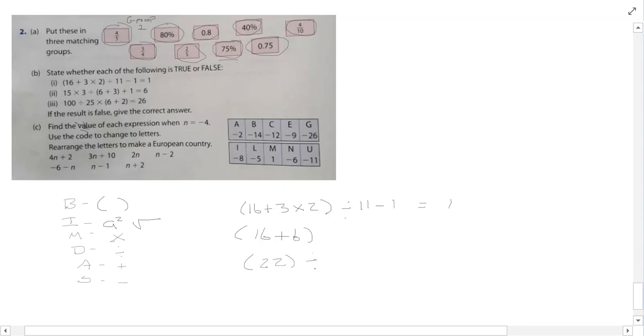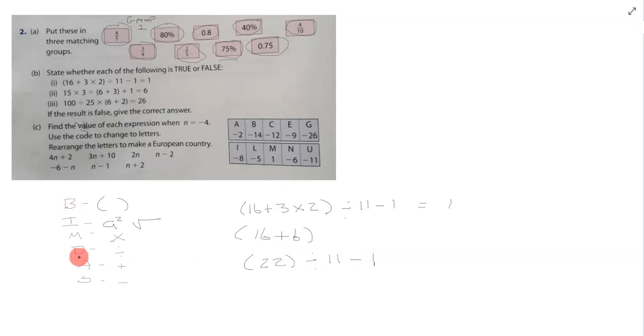And now we have divided by 11 minus 1. Again, we have to be careful and follow the order of operation. We've done all the calculations inside the bracket, and I'm just leaving it inside the bracket for clarity. Then we have 22 divided by 11, and then 11 minus 1. So which one do we do first?